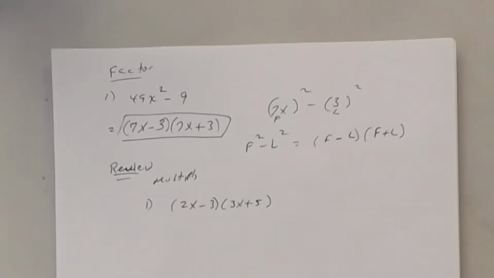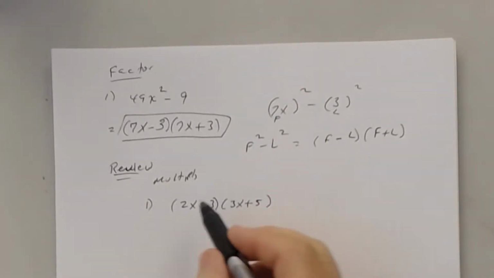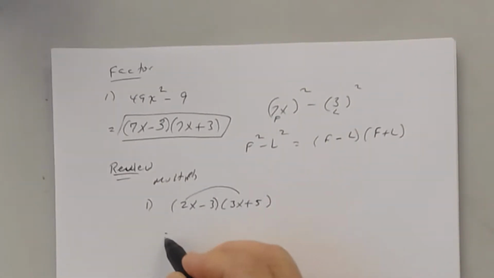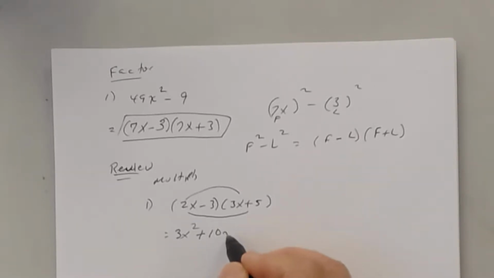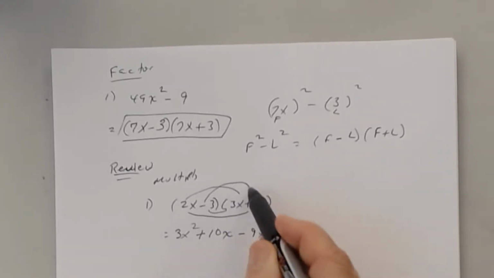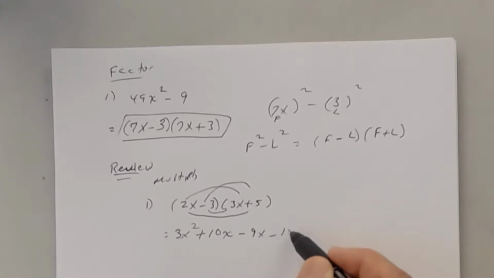FOIL, okay. And so when I do that, I get 2x times 3x is 6x squared. And what's the outer? 10x. What's the inner? Negative 9x. And what's the last? Negative 15. So FOIL method: first, outer, inner, last.